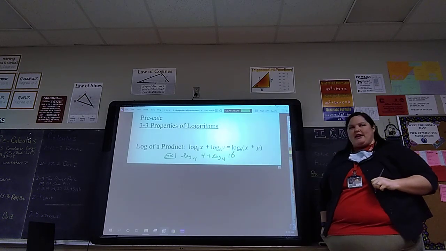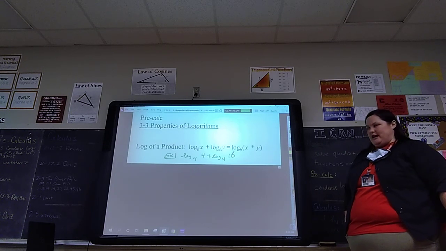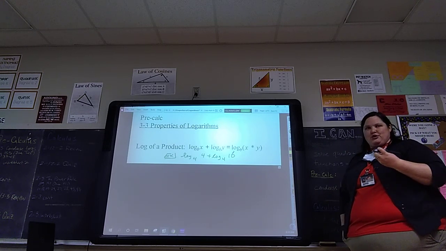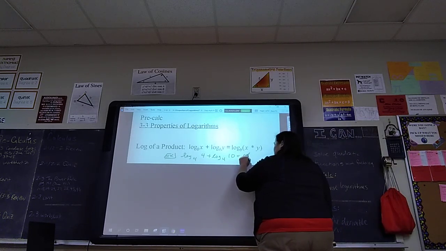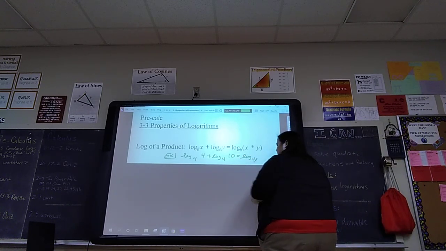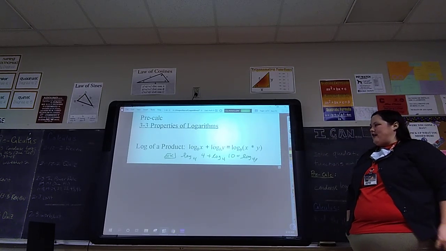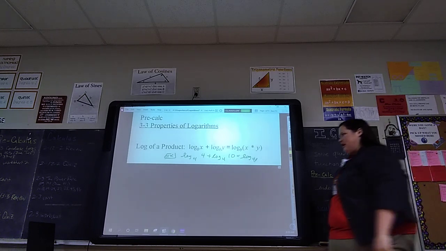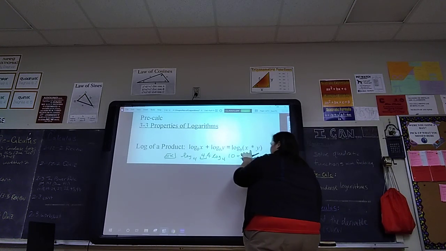So for instance, if we have log base 4 of 4 plus log base 4 of 10, we can condense this into one logarithm. We're going to get rid of a log, so it's still going to be log base 4. The base remains the same, but instead of two separate logarithms, the addition translates to a multiplication.